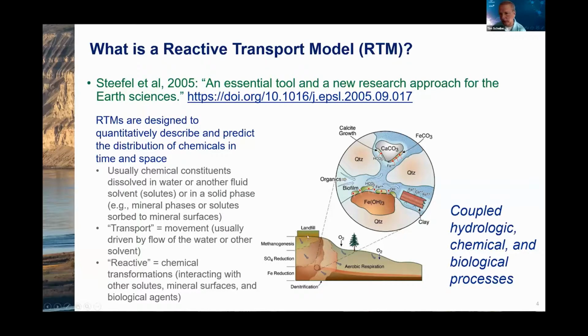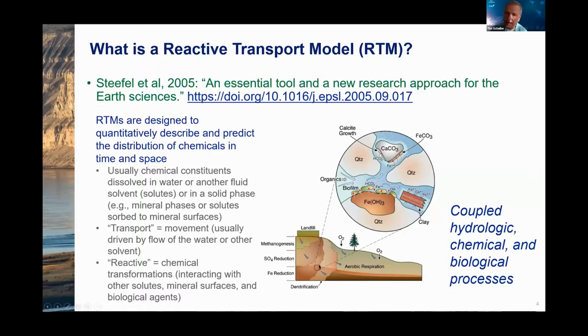This would probably be rich with organic matter, and so it would undergo decomposition by microorganisms, and there would typically be set up this sequence of redox conditions spanning from very close to the landfill, where all of the other electron donors have been depleted, so you now have methanogenesis happening. As you get a little farther away, you move into sulfate reduction, iron reduction, denitrification, and ultimately, far enough away where oxygen is still available, you could have aerobic respiration.